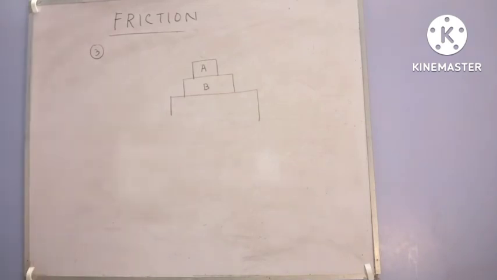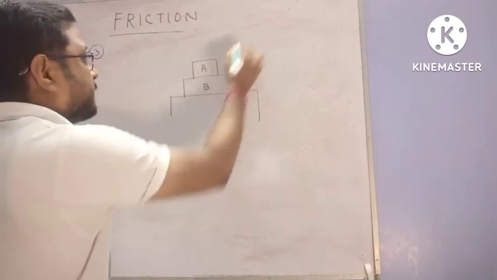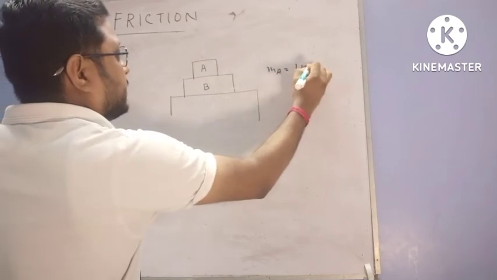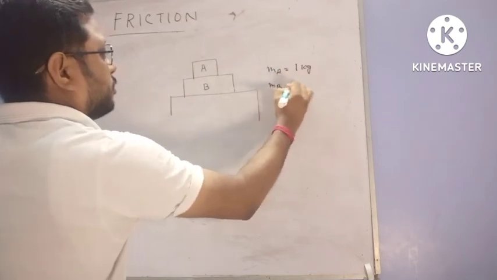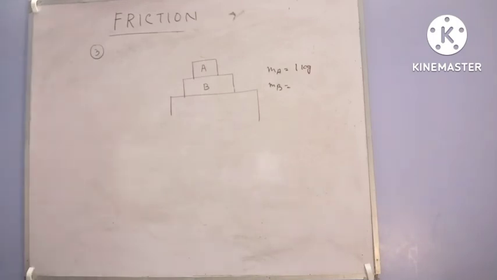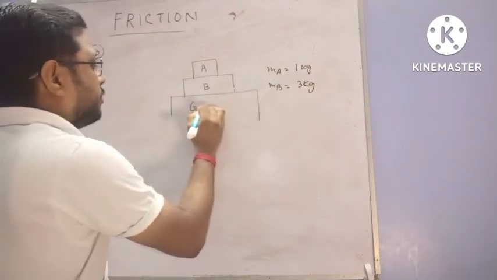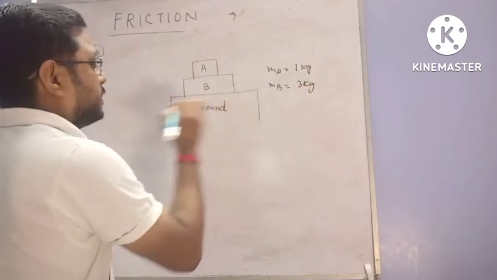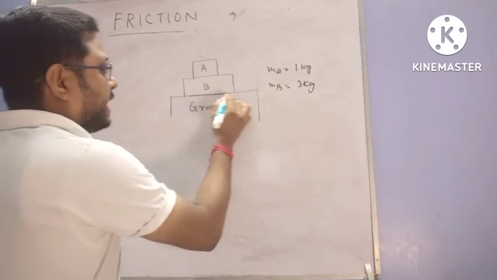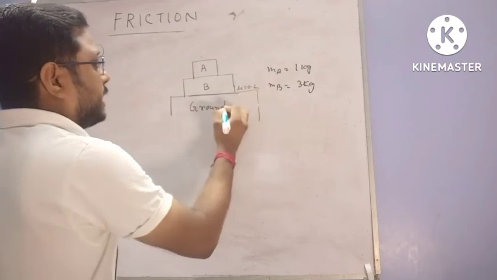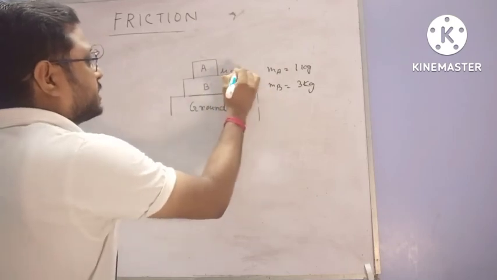Two blocks A and B of mass Ma equal to 1 kg and mass of Mb equal to 3 kg are placed on the ground. The coefficient of friction between B and the ground is 0.2 and also between A and B is 0.2.